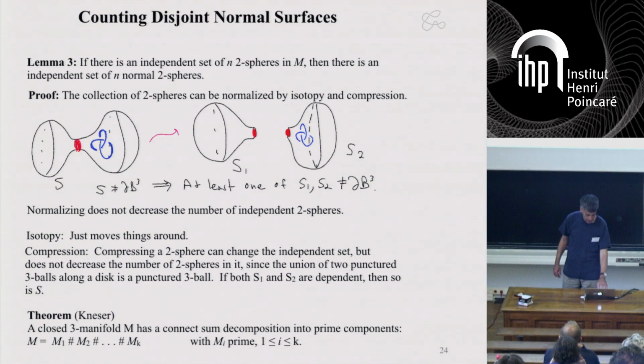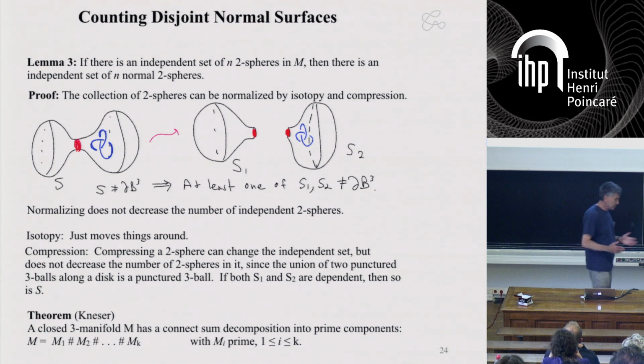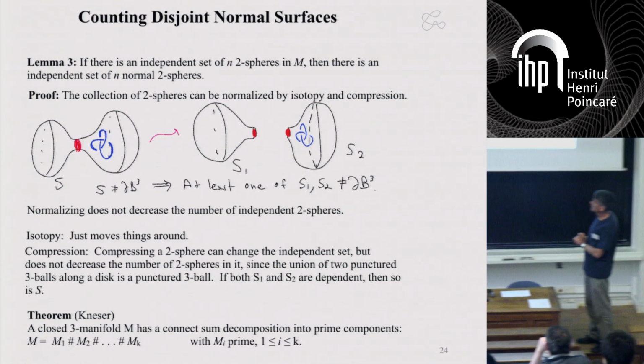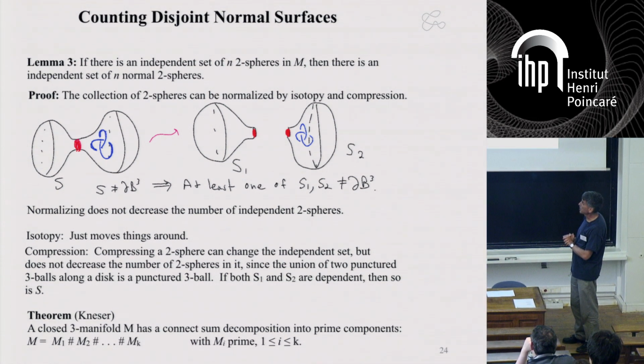And that's what this sort of picture illustrates. Isotopy doesn't change whether the spheres are parallel or not, so that's not going to be an issue. The only operation we have to worry about is the compression operation.